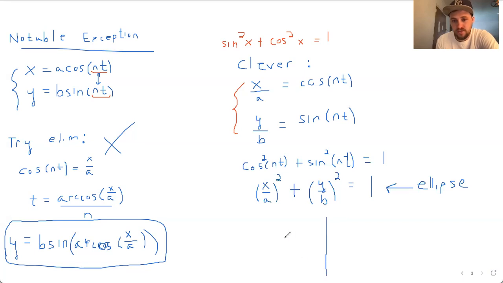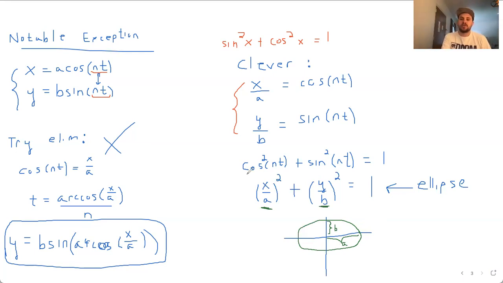It gives us an ellipse where the horizontal radius is a and the vertical radius is b. And this is a lot better.